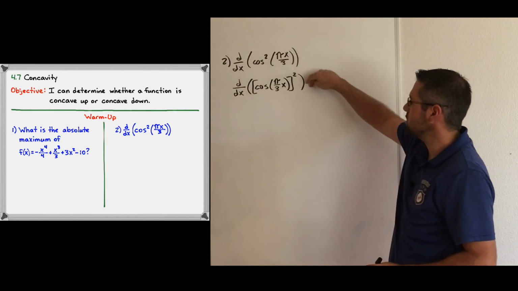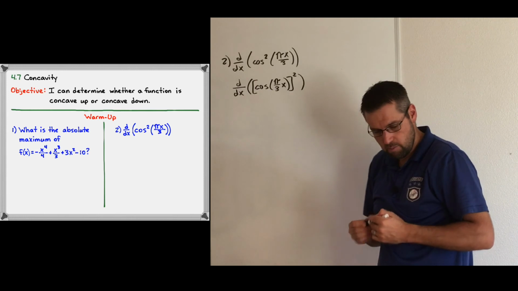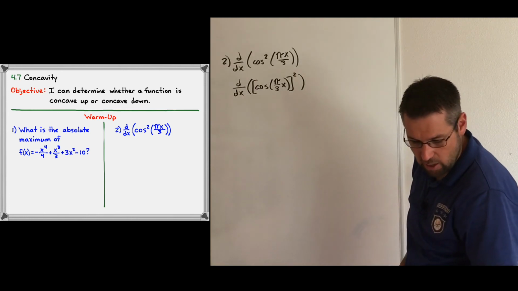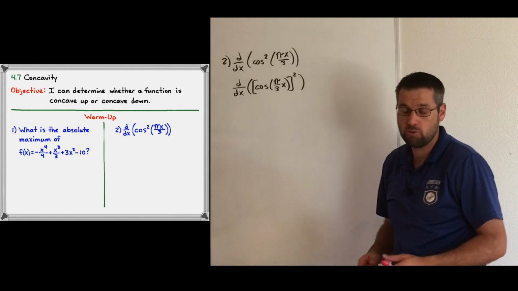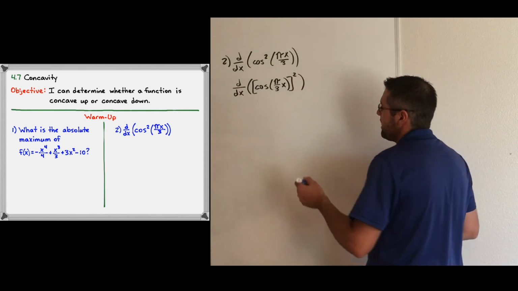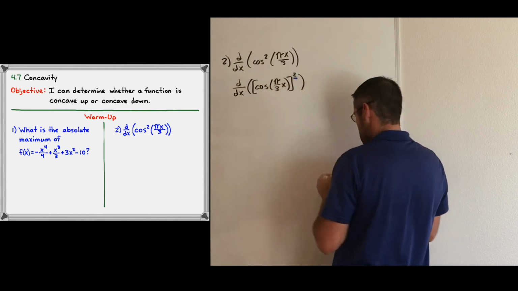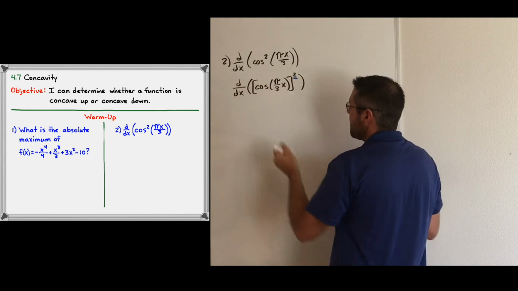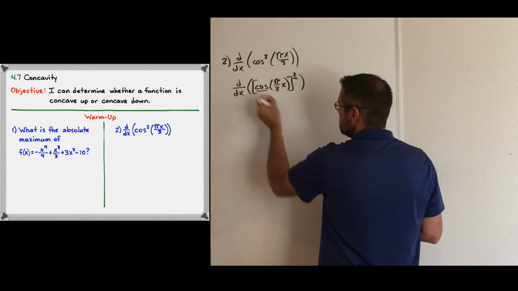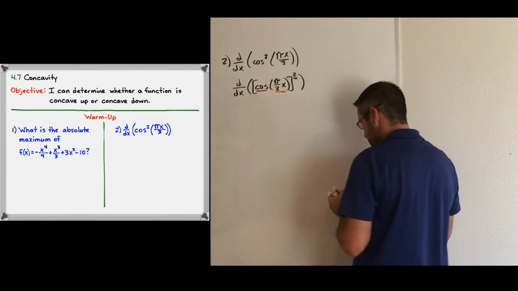So these two things are equivalent here, and the reason I do that is so that I can see what is the inside, what is the outside, so we can apply the chain rule correctly here. So we see that the outermost function is the squared function, and then the next function inside of that is our cosine function, and then inside the cosine is the pi over 3x.